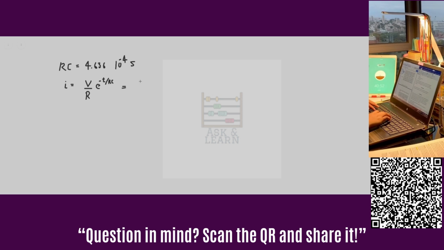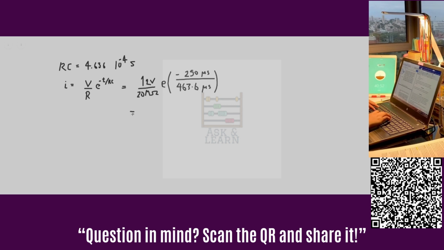So let's put a value of 12 volts divided by 20 mega ohms, and for our special case this is e to the minus t, which is 250 microseconds, all of that divided by 463.6 microseconds, since I can also write the time constant in terms of microseconds.